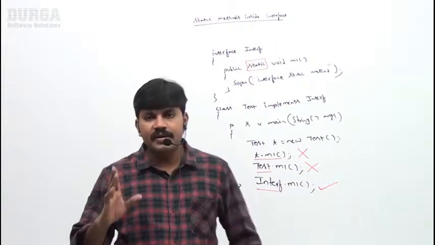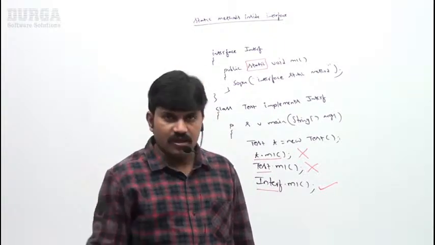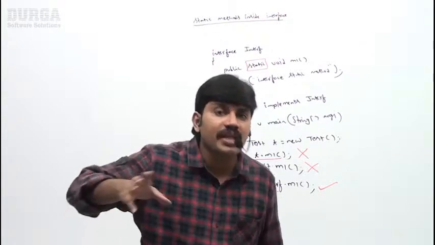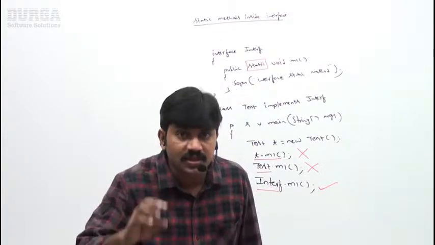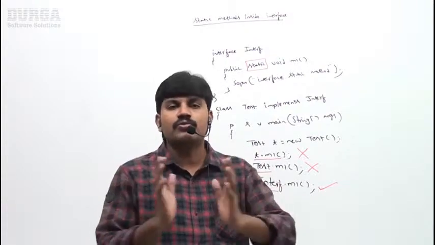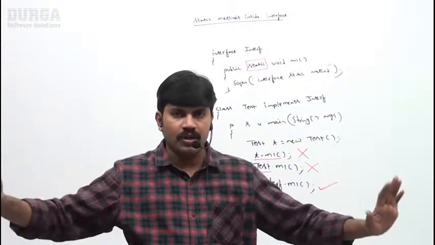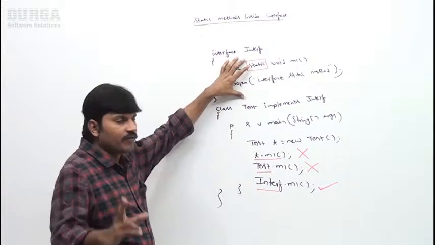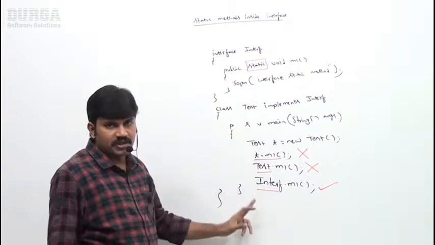So inside an interface, from the 1.8 version onwards, we can take static methods. Clear? Next, what is the main purpose of static methods inside an interface? To define general utility methods which are required for multiple people. Next, an interface static method is by default not available to the implementation class.